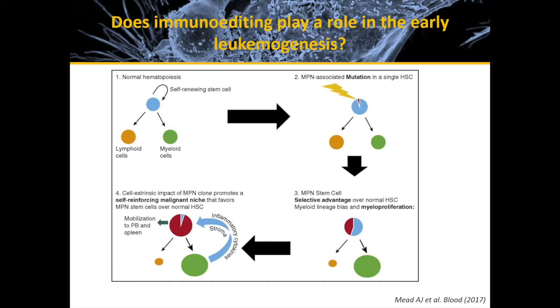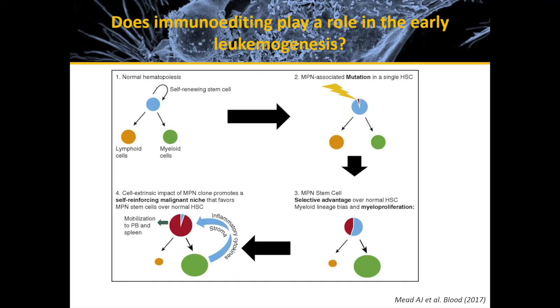MPN are a good model to explore the hypothesis for the role of HLA in cancer immune editing. And now it is known that the key steps in MPN development include acquisition of an MPN initiating mutation in a single hematopoietic stem cell. Then the mutant hematopoietic stem cell acquires a selective advantage over normal hematopoietic stem cells and also promotes myeloid differentiation, eventually leading to myeloproliferative phenotype.